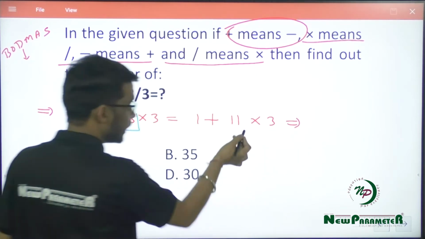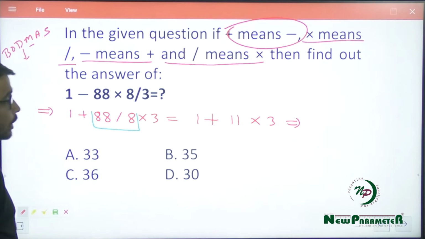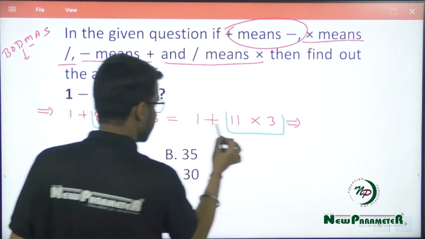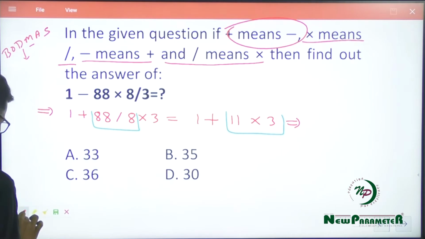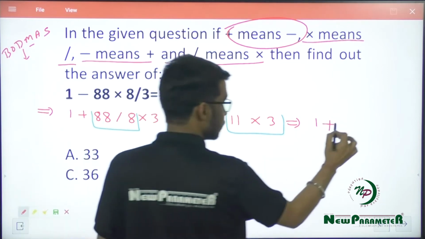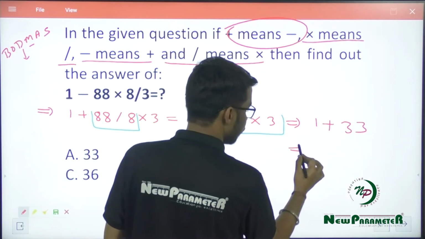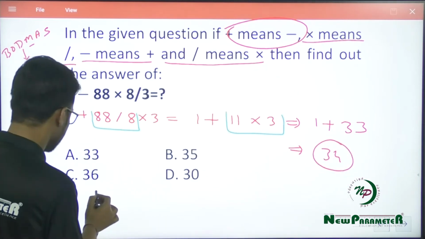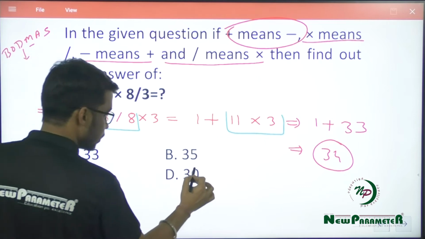Now the second step would be multiply. I will solve this part, and the other part will remain the same. So 11 into 3 gives me 33, and lastly 1 plus 33 gives me 34. So in this equation the answer would be 34.